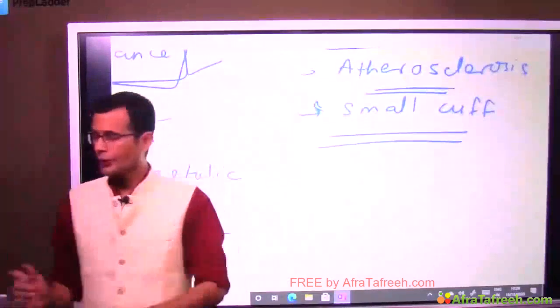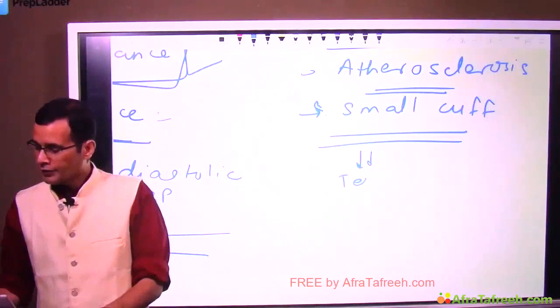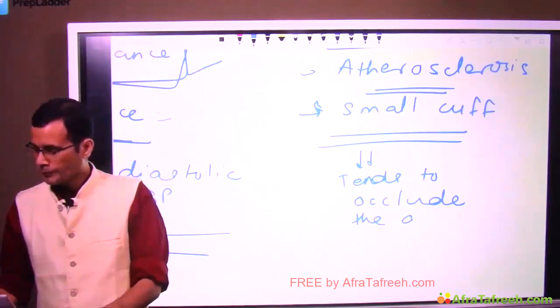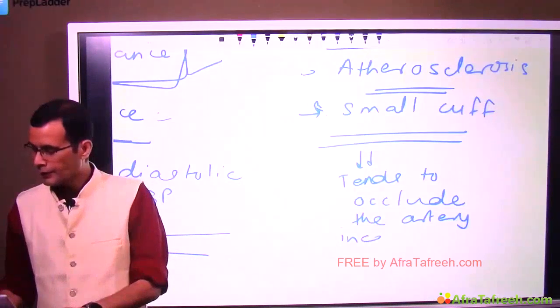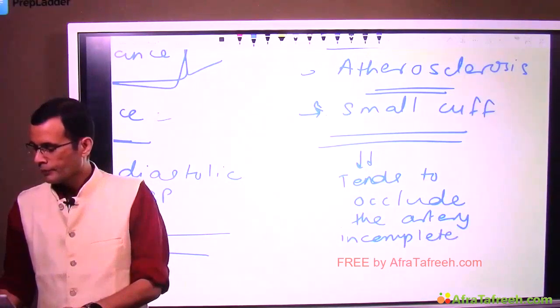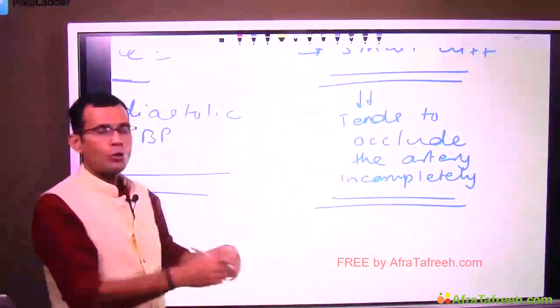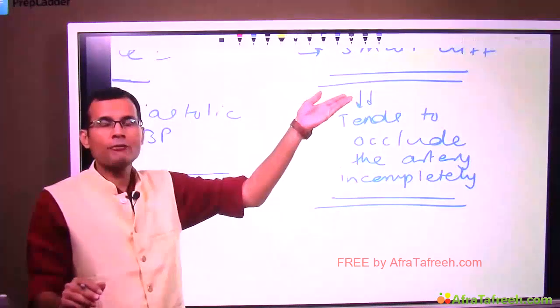Because, remember this forever now, a small cuff tends to occlude the brachial artery incompletely. Smaller cuff tends to occlude the brachial artery incompletely, and therefore in order to occlude the artery completely, you need to raise the pressure in the cuff further.